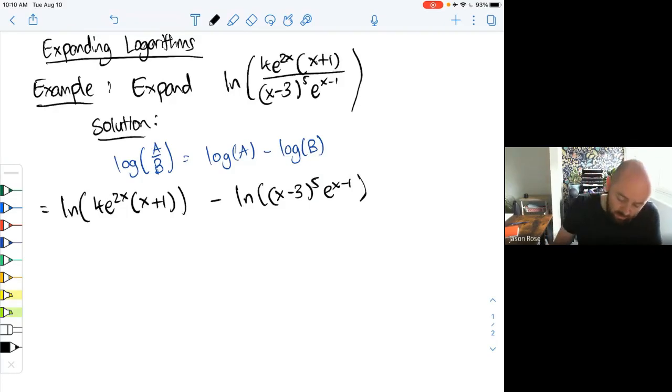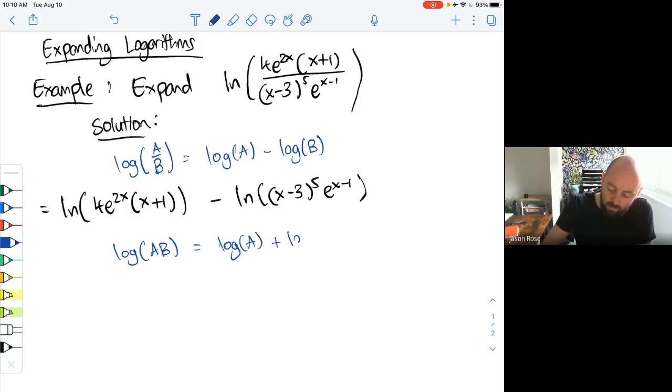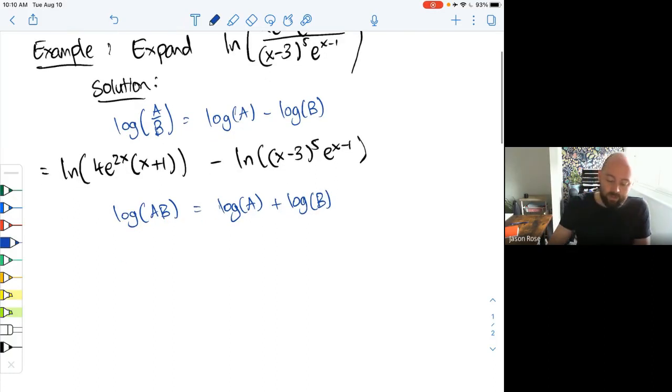The second is the product rule of logs. It's the one that looks like this: log of AB equals log of A plus log of B. If you remember in question 4, the option that I had given you, which was wrong, was this one here.